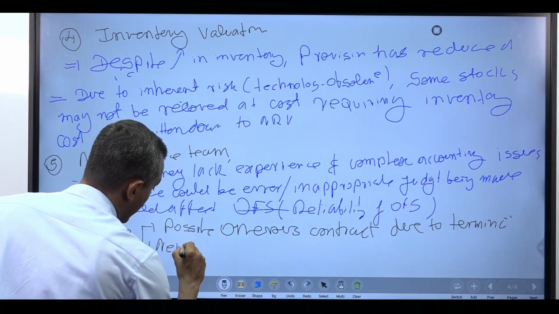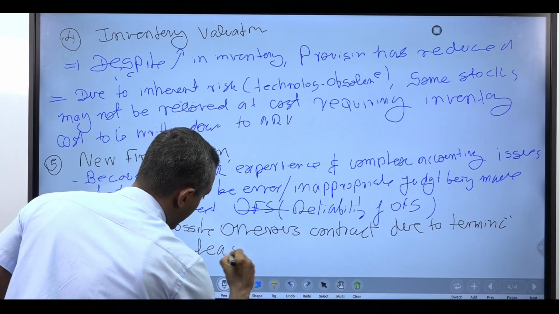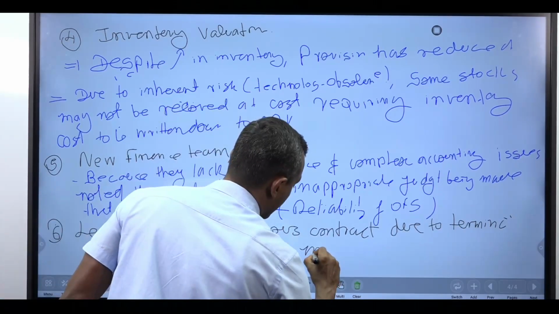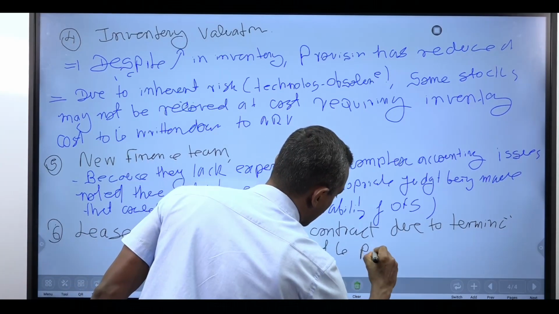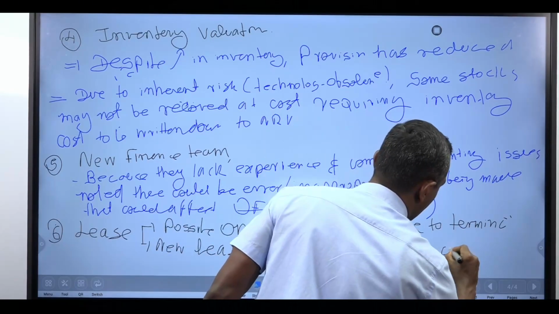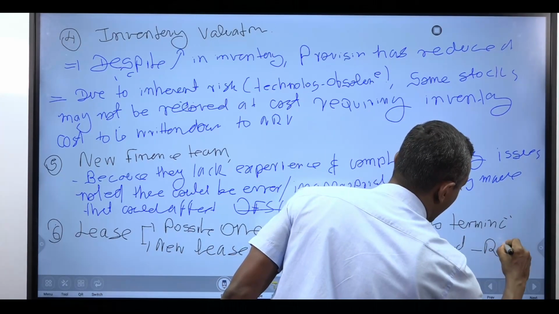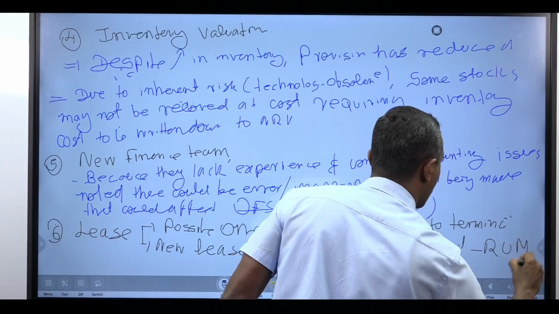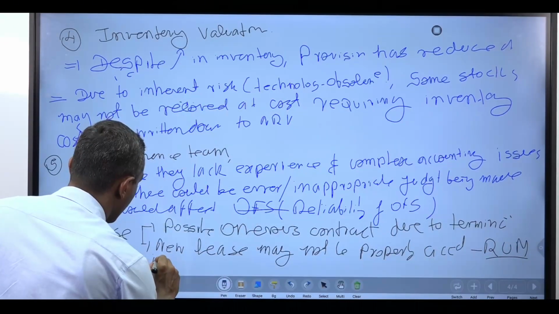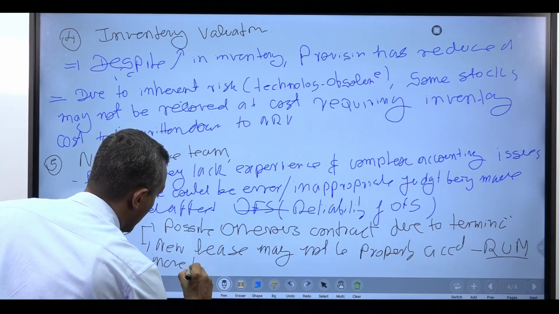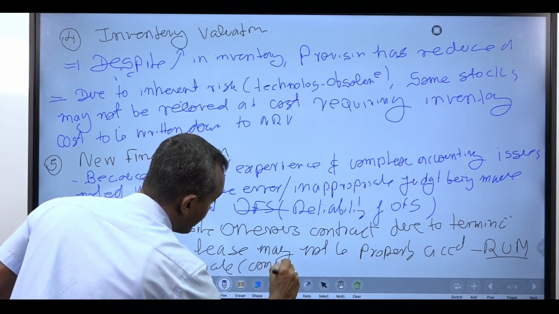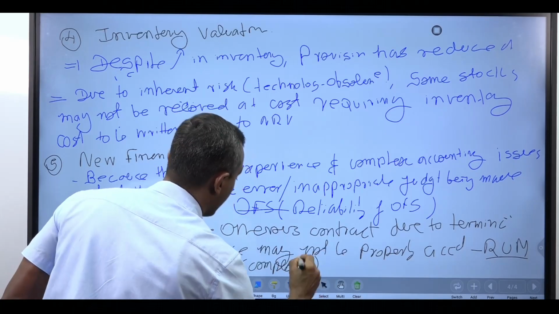We have to definitely check. New lease may not be properly accounted using right to use model, where you use incremental borrowing rate, and these are generally complex areas requiring judgment, therefore there is a risk. Right?